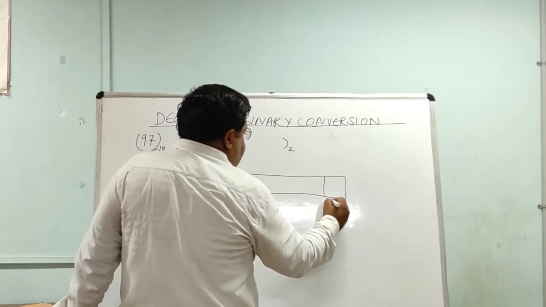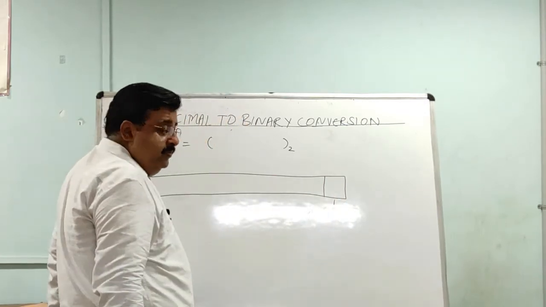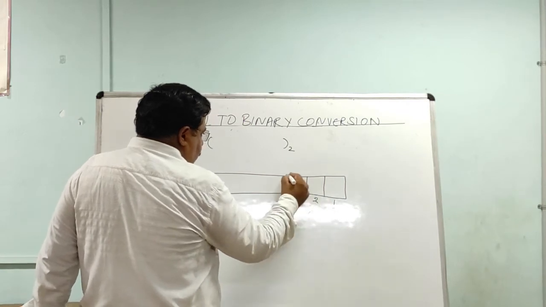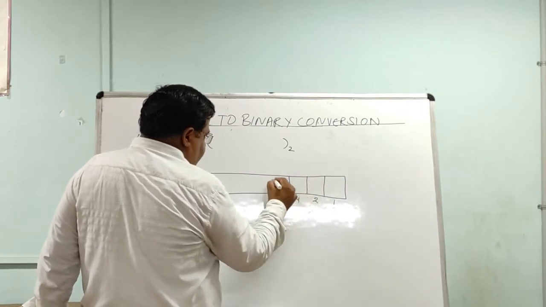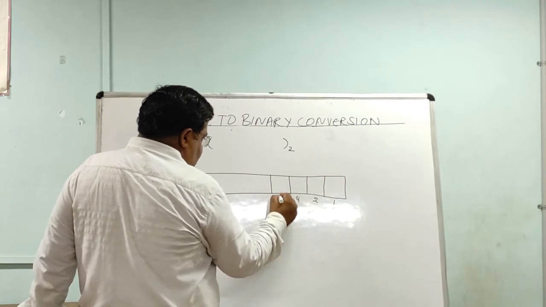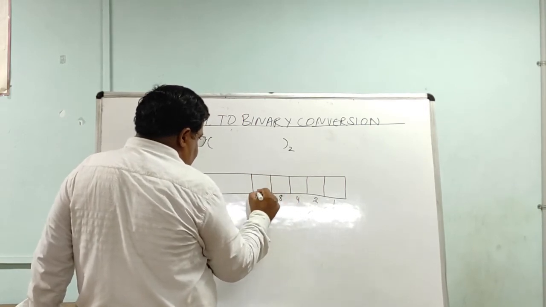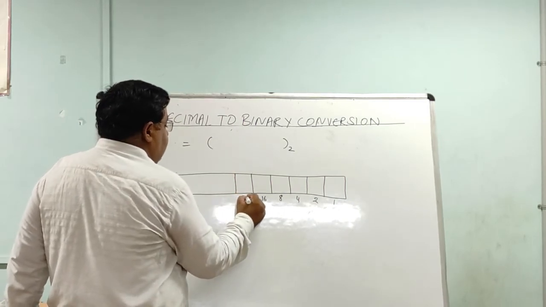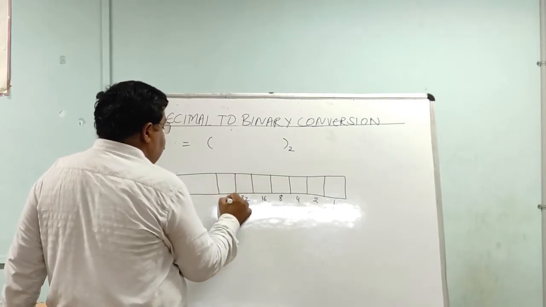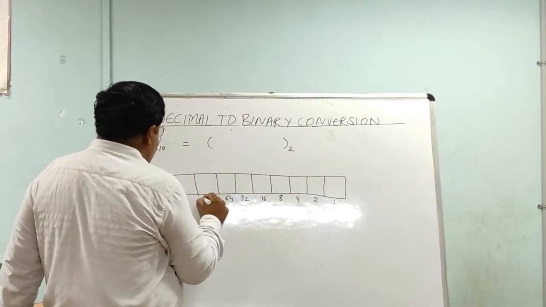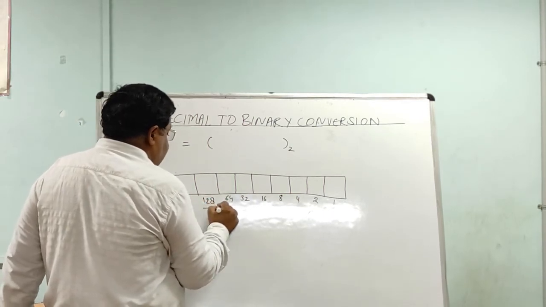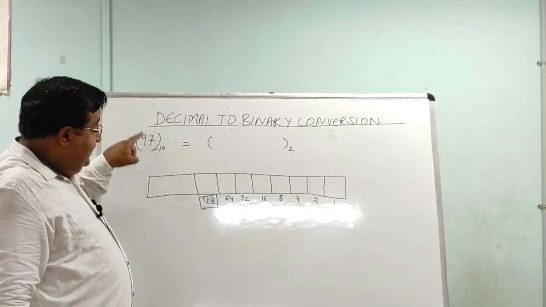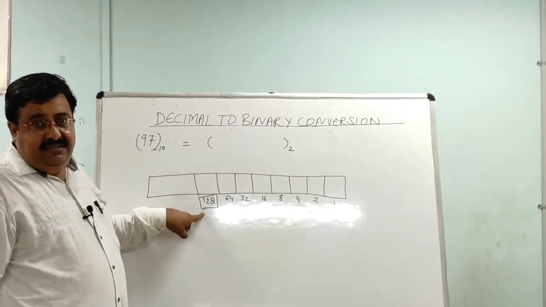Now I will start with 1, then 1 2 is 2, 2 2s are 4, 4 2s are 8, 8 2s are 16, 16 2s are 32, 64, 128. Now I have stopped at 128 because the number which I have to convert is less than 128.